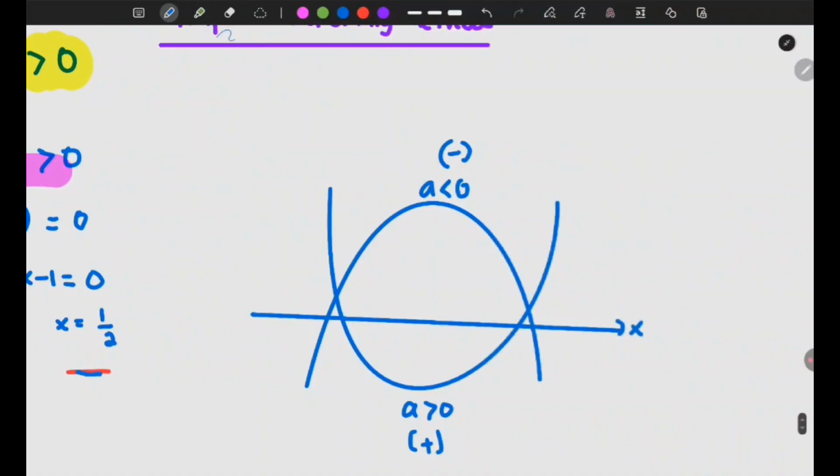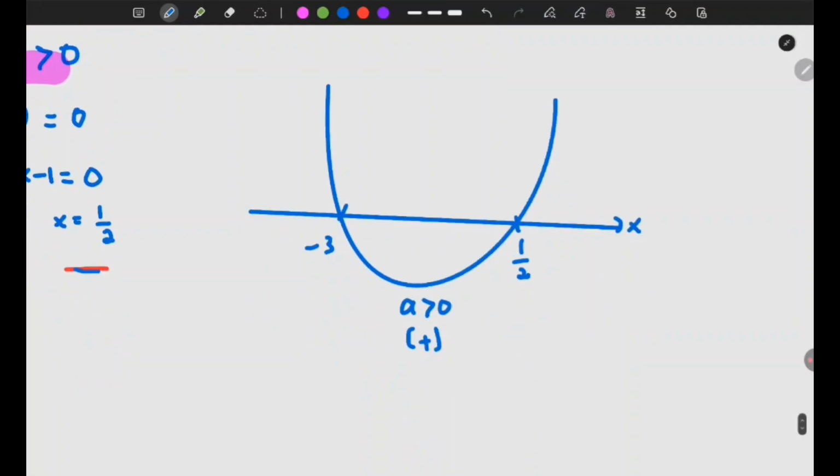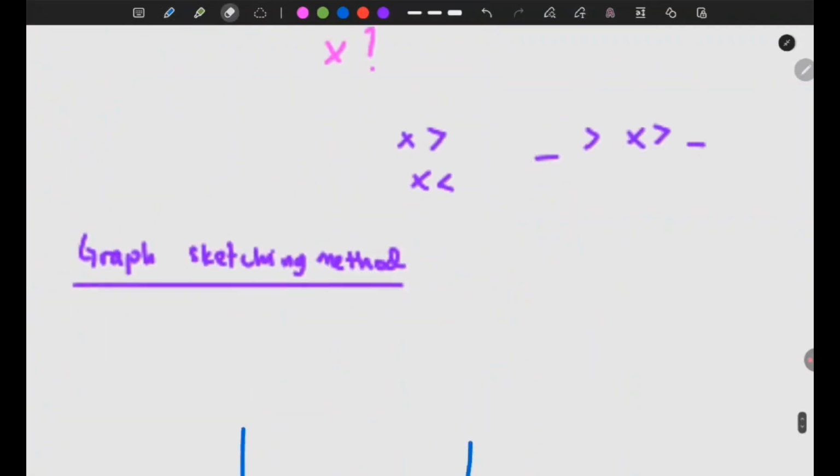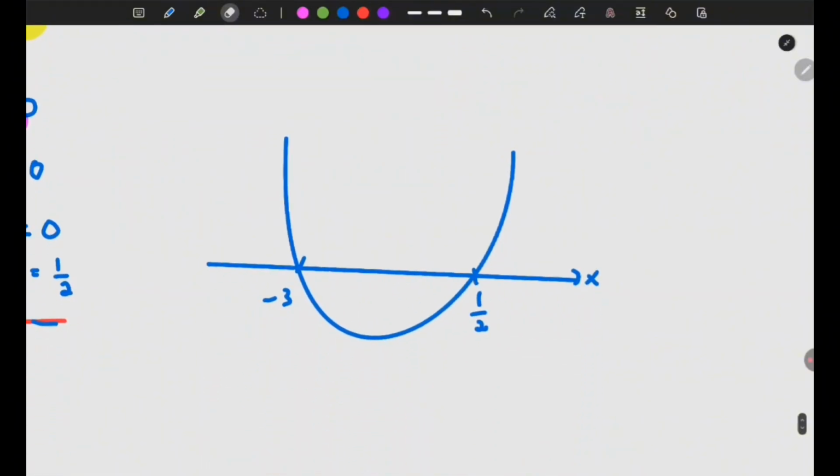And what you have to put here are the roots. So -3 put here. The smallest one put at the left, and the biggest one, 1/2, put here. And now you just need to shade. You can only shade at two positions.